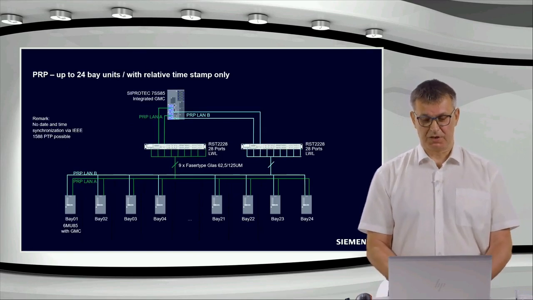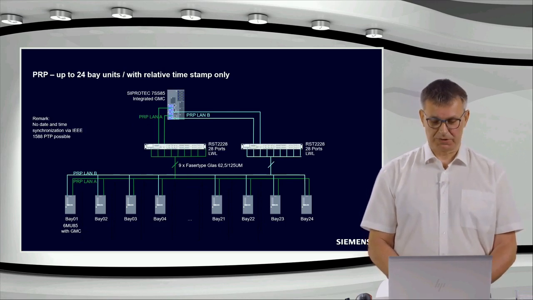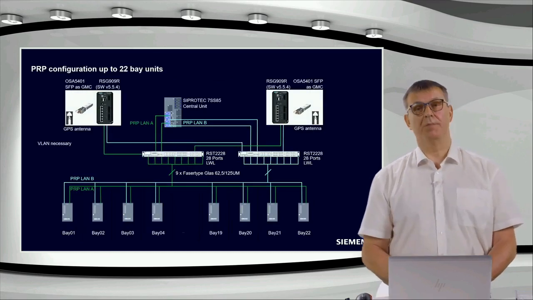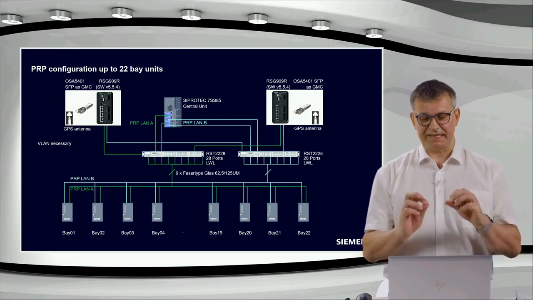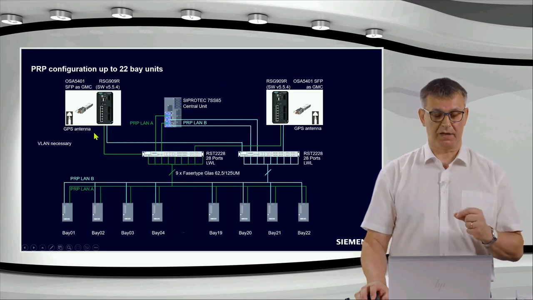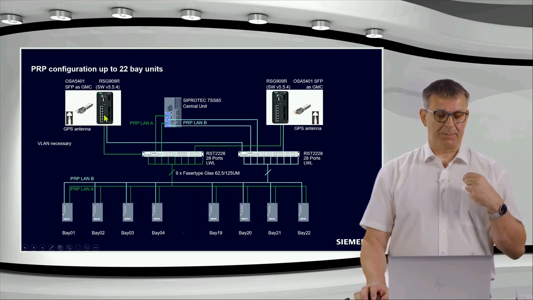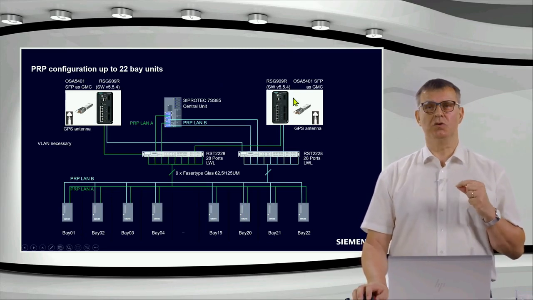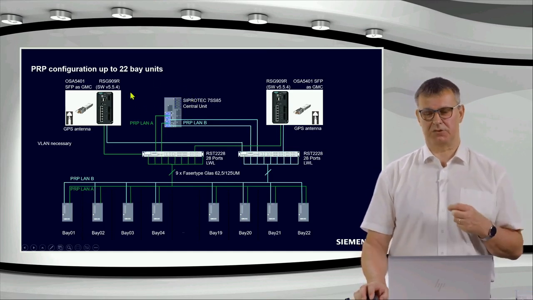Another possibility to save a little bit of money, but I forgot to mention here that for a PRB configuration with external grandmaster clocks, the GPS antenna is no longer an option. Really, to make a parallel redundant protocol, the 2 independent grandmaster clocks must be synchronized by the same time source.